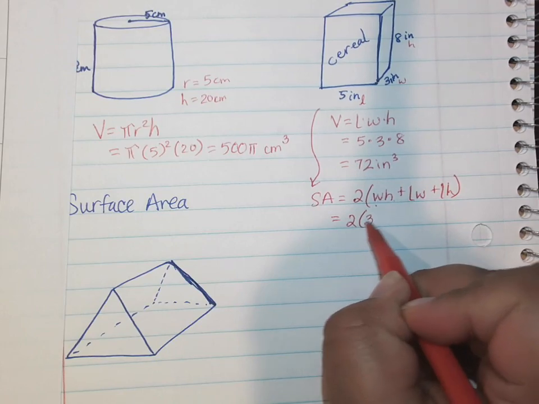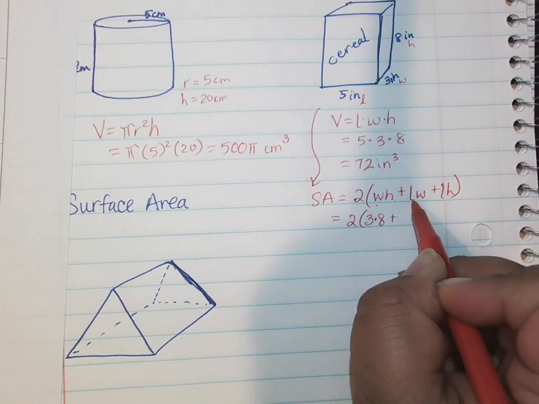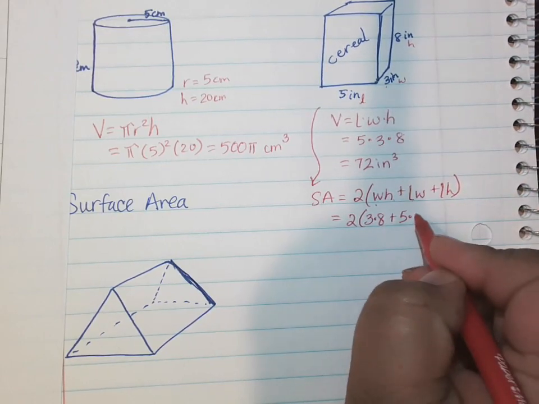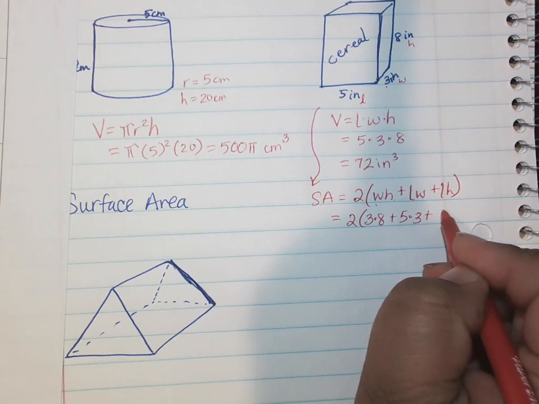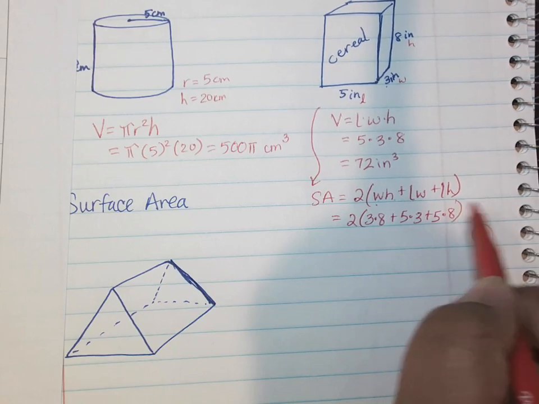So we would have 3 times 8 plus 5 times 3 plus 5 times 8.